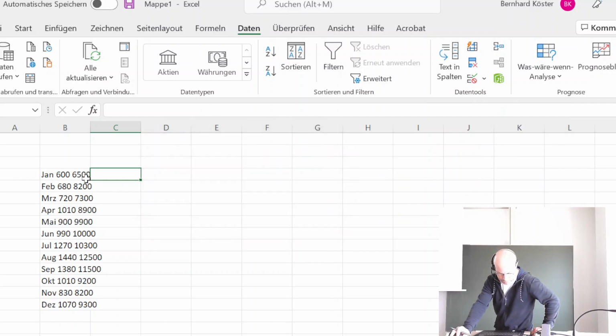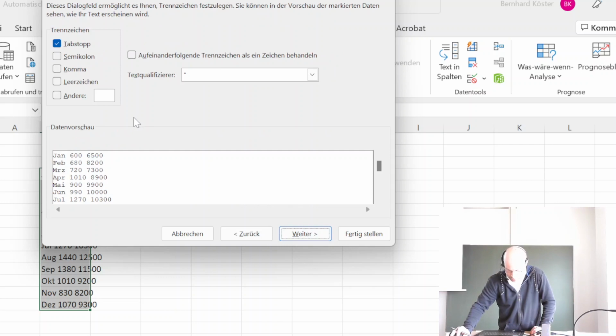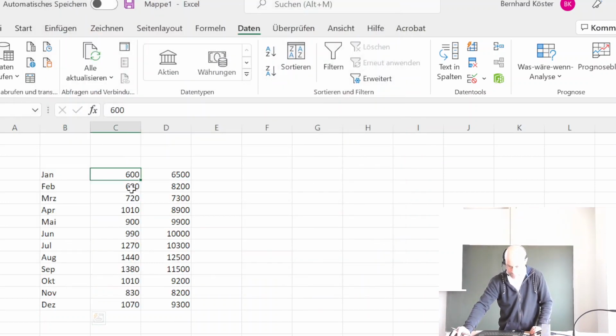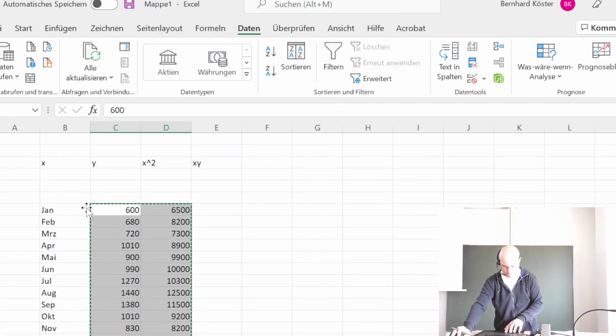No, I have to mark it. And these are just separated with some spaces. Enter, and here we are done. Nice little conversion of our data.